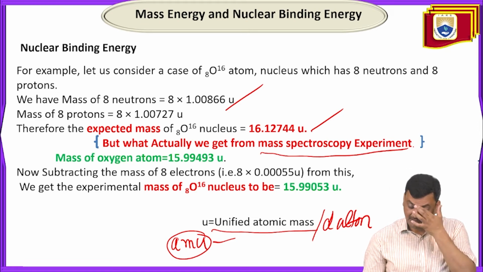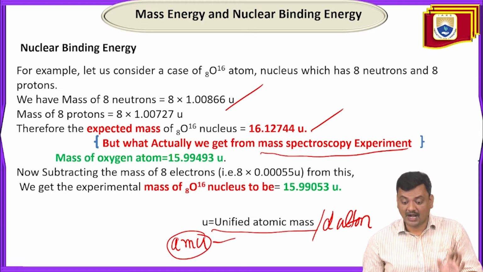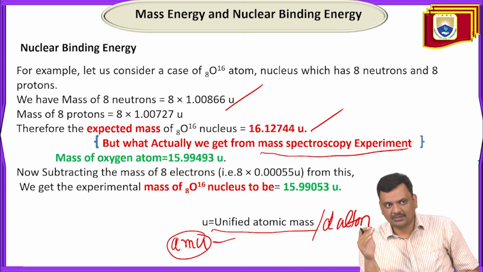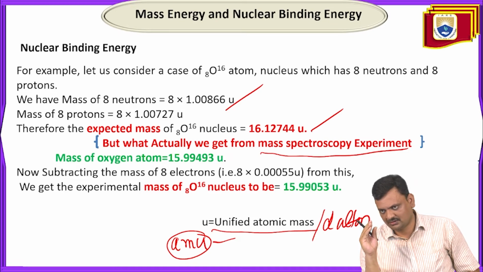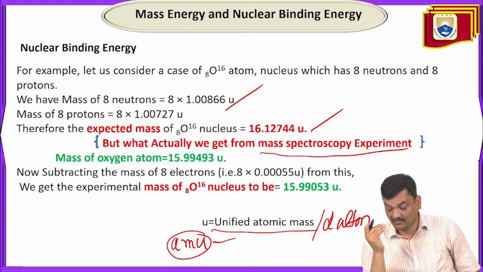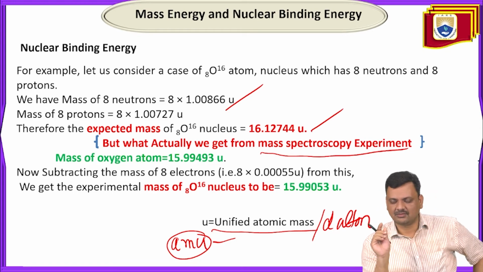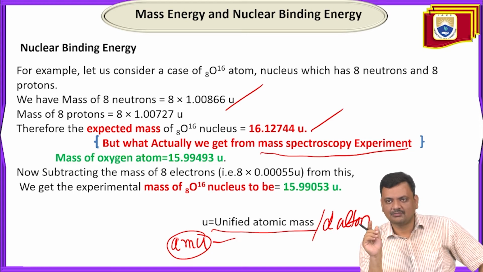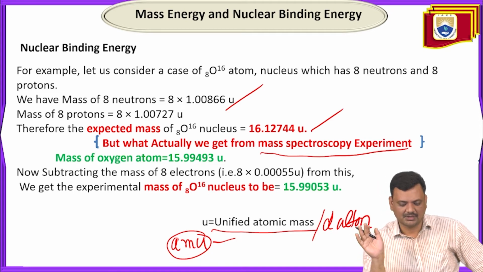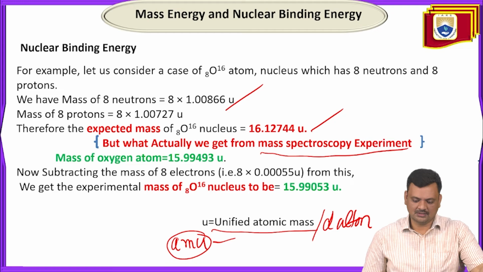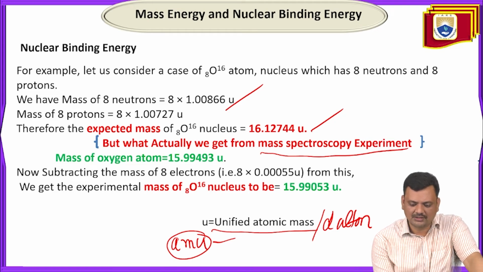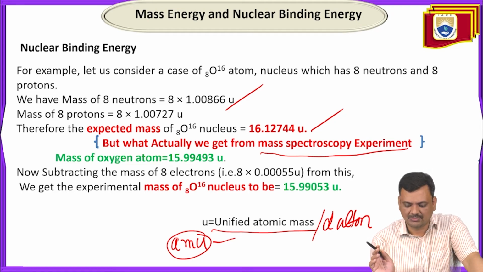There is an experimental setup known as mass spectroscopy. With the help of that experimental setup, we can determine the mass of atoms of any element. But what do we actually get from the mass spectroscopy experiment?